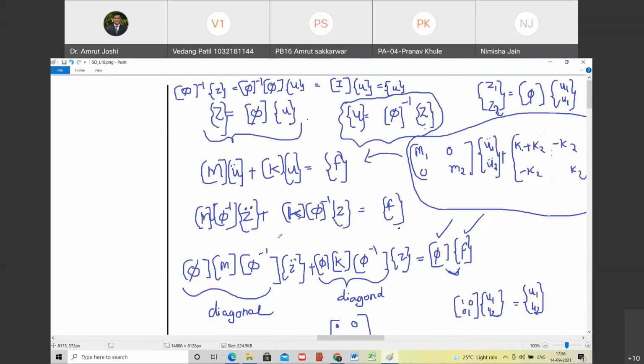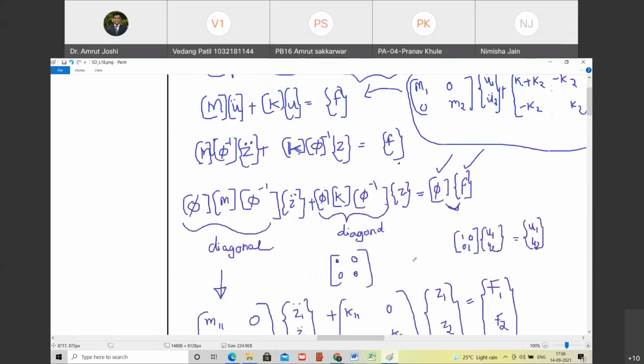Yes, sir. I will pre-multiply this equation by phi for all terms, and my hypothesis is that no matter what M and K matrices are, phi M phi inverse is diagonal and phi K phi inverse is diagonal. I will prove this in the next class. I can prove this. Are you with me?